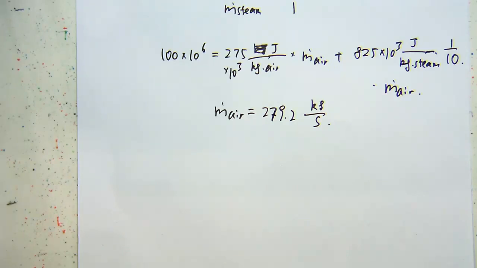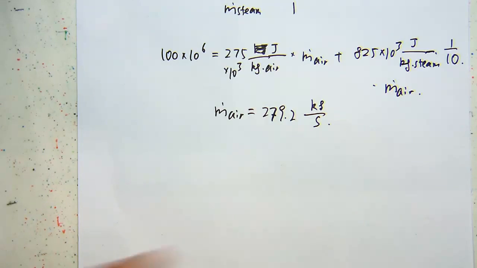So 280 cubic meters is about, if you have a 3 meter by 3 meter area, then you have 30 meters long of this area coming into the engine per second. So that's a huge amount of air.